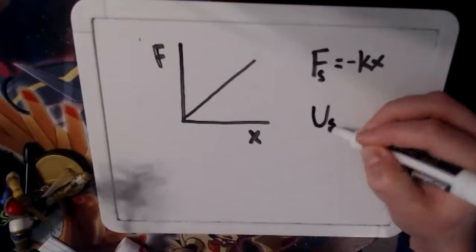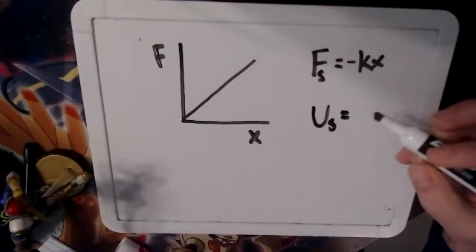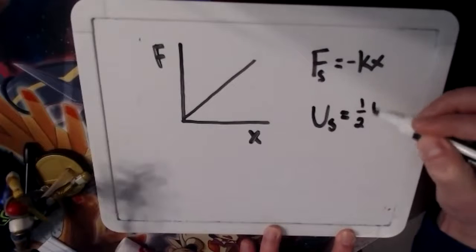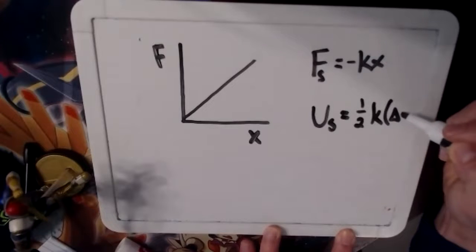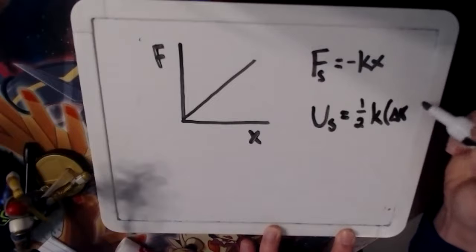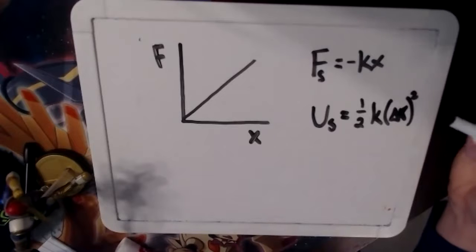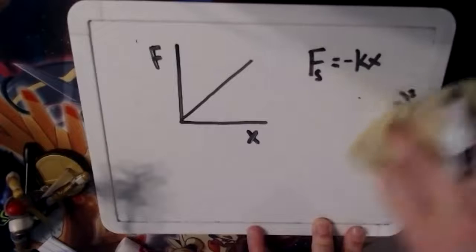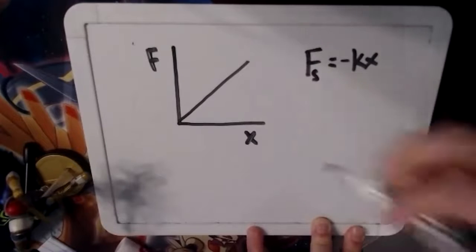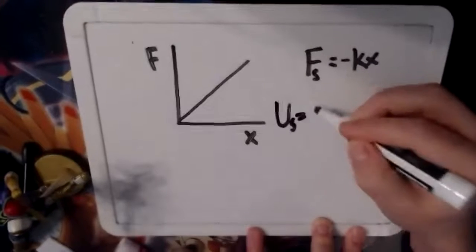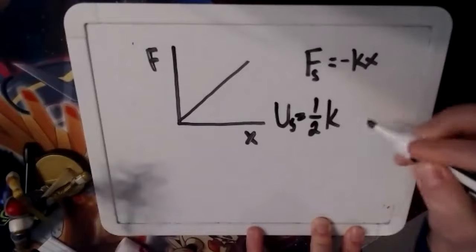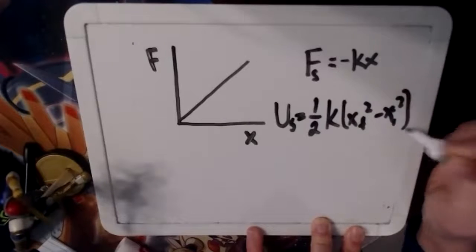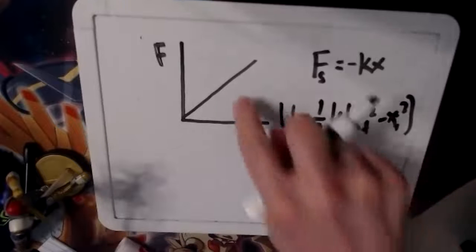So when I integrate here, I would say that we have 1/2 k times the change in x squared. Or actually, I want to write that differently. One half k, x_f squared minus x_i squared. And that would be the integral of this.